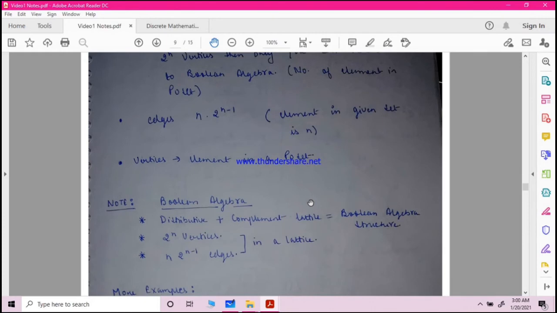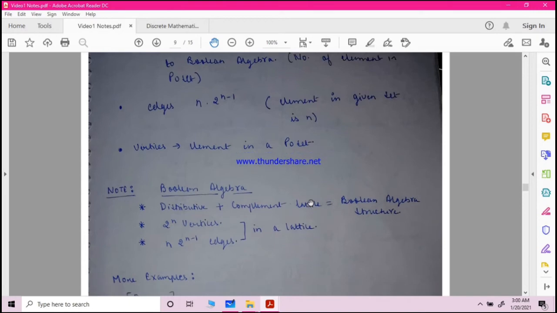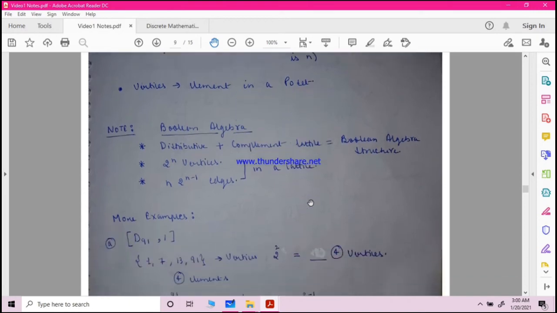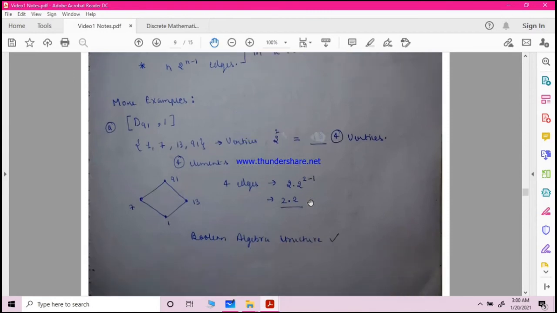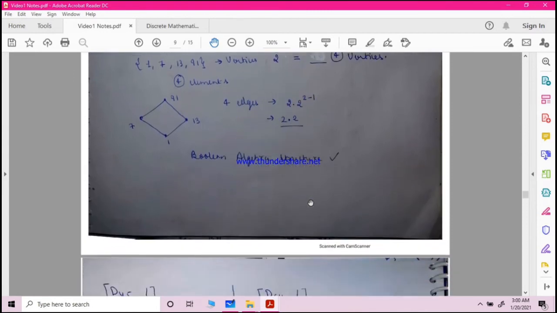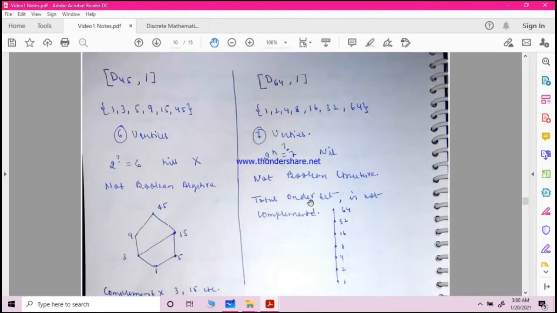Simply, Boolean algebra is a distributive and complemented lattice, and this gives you a Boolean algebra structure. 2 to the power n vertices and n into 2 to the power n minus 1 edges. This is a lattice. There are some more examples, just see them by calculating the edges and vertices.